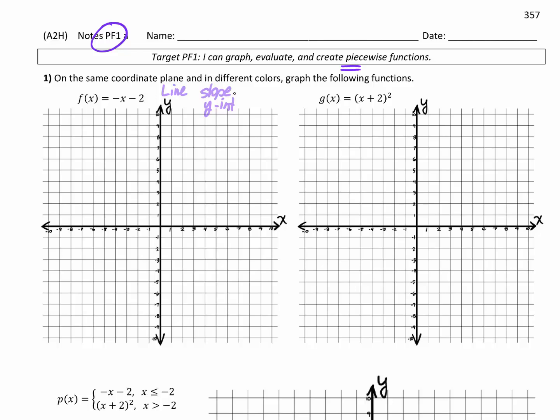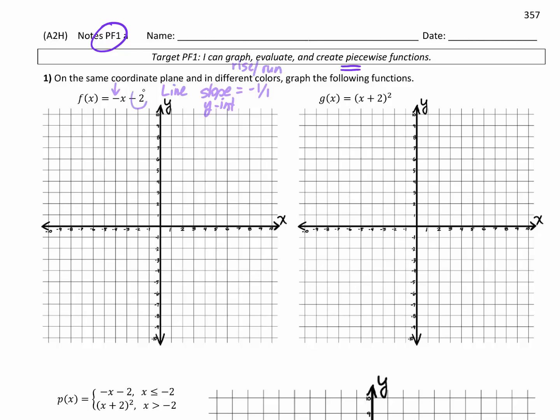So a couple of notes about the slope. That is the first part of your equation, the thing with x. And so the fact that it's got a negative means it's down 1 over 1. Again, slope is rise over run, an important feature.